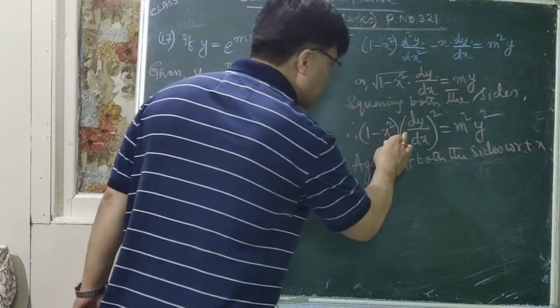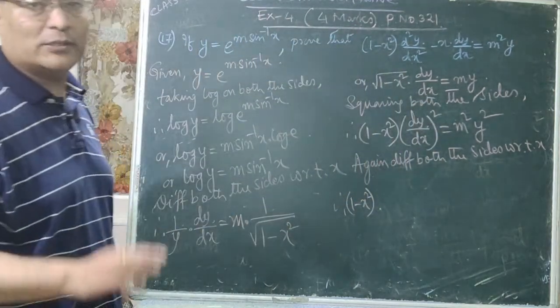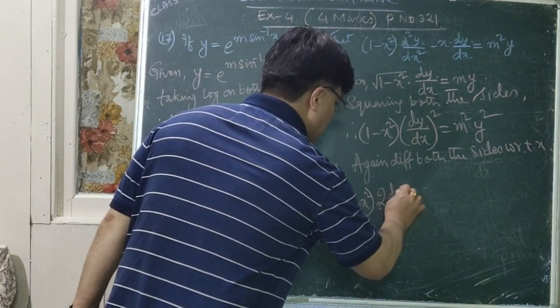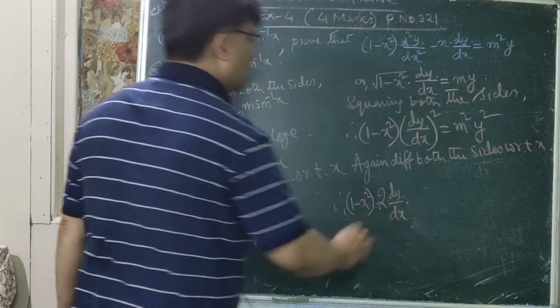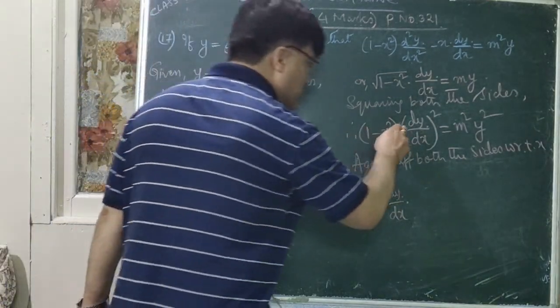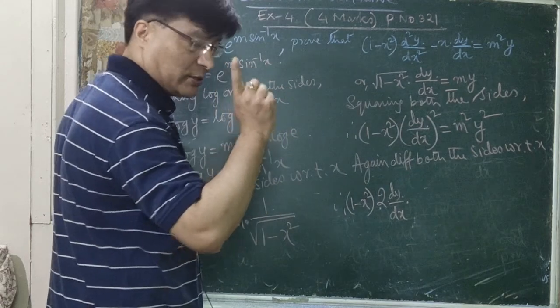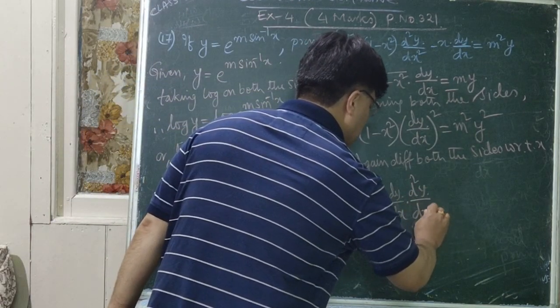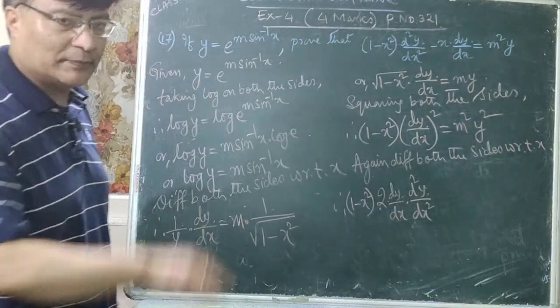It is in the form of x square, and the differentiation of x square is 2x. So 2 into dy by dx into, again differentiating the term assumed as x, that means differentiating dy by dx with respect to x, that is d2y by dx square. Is that clear?